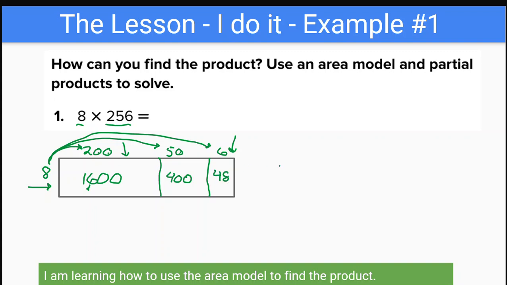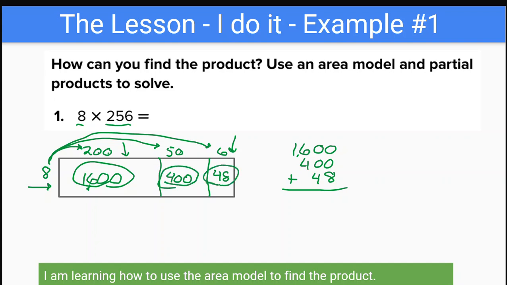Now I just have to add them together, and whenever you're adding things together, you want to make sure that you line everything up. So we had 1600, then we had 400, then we had 48. So we're going to find the sum of those three numbers, and that will give us our final product. This is a partial product, this is a partial product, and this is a partial product.